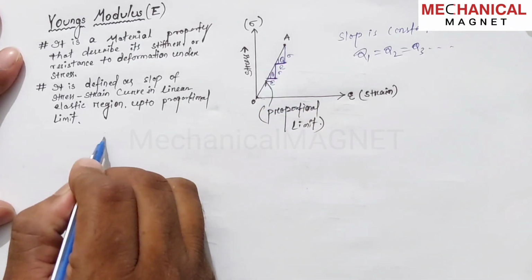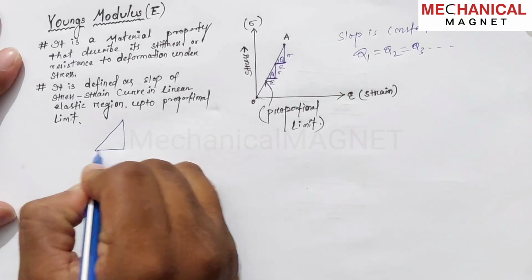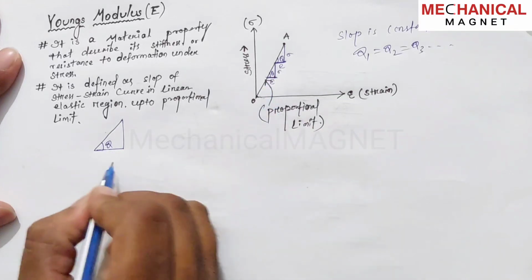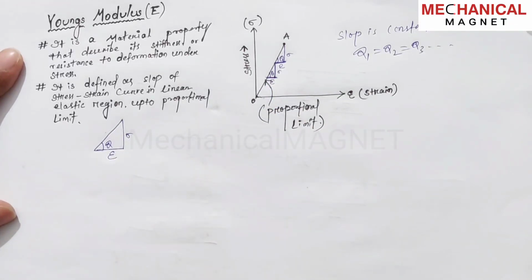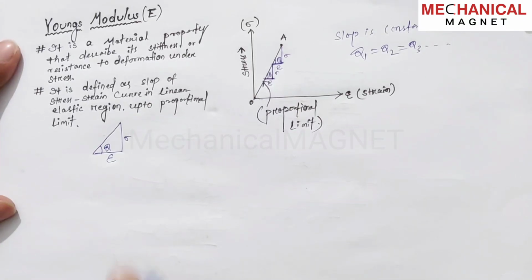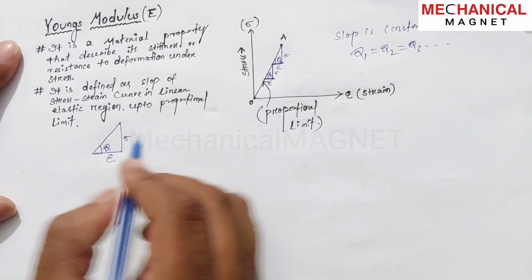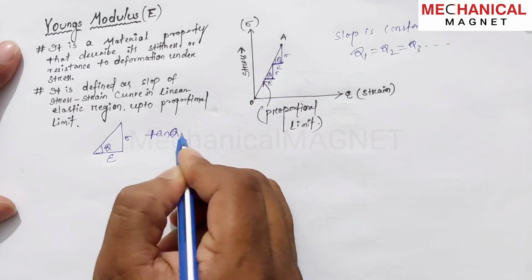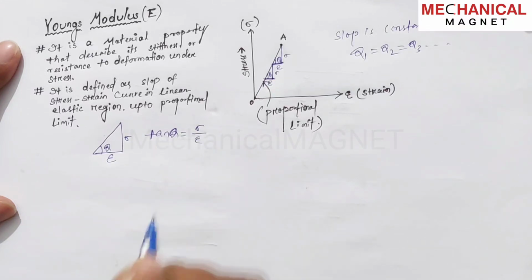You can see, okay, this is the theta, and this is the epsilon strain and this is the sigma or stress. So when I find the tan theta of this figure, tan theta is equal to sigma by epsilon, means stress by strain.